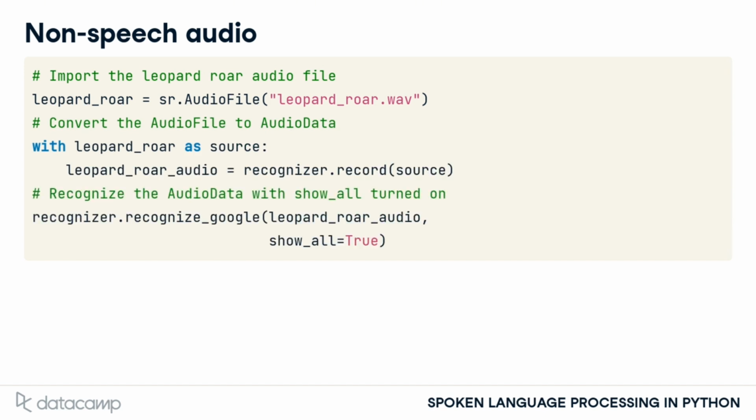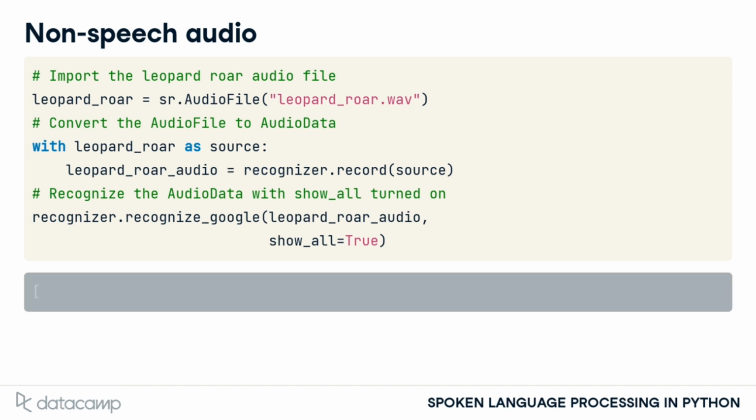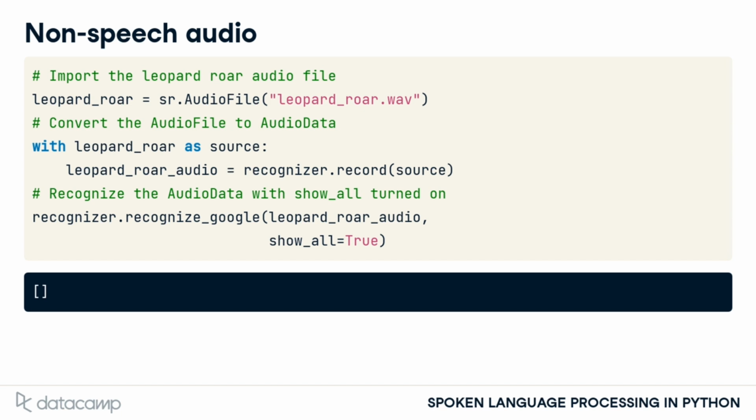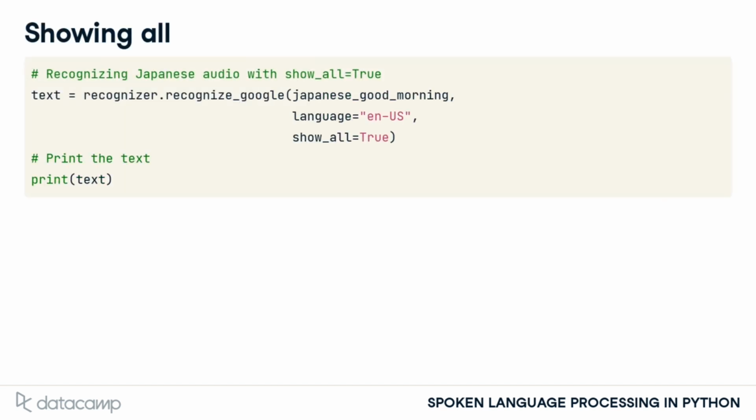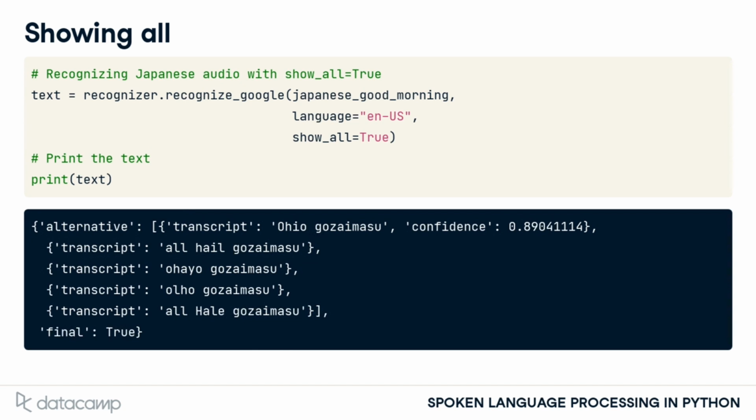The show_all parameter shows a list of all the potential transcriptions the recognize_google function came up with. In the case of our leopard roar, the list comes back empty, but we avoid raising an error. Or in the case of our Japanese file, you can see the different potential transcriptions.